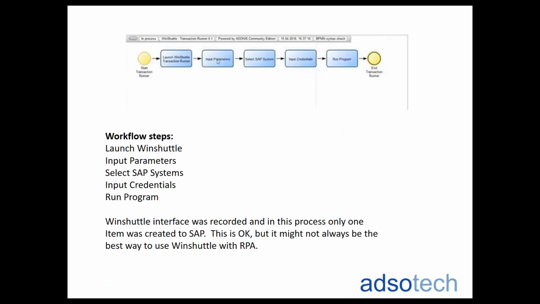One thing I want to point out here is that when this process was created, the author actually recorded the user interface of the Winshuttle runner. We will soon show you some other ways that you can utilize Winshuttle with these processes, which are perhaps a bit more robust than this.